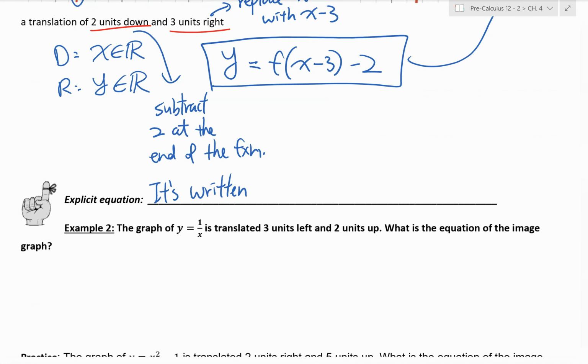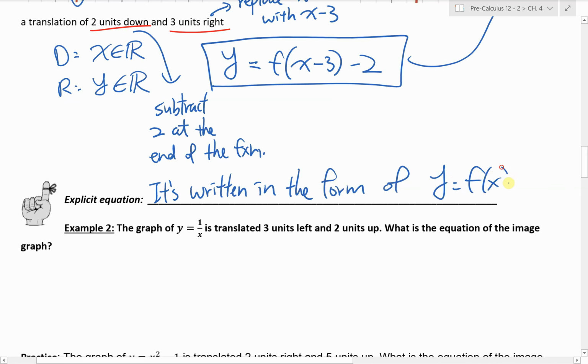But if it's explicit, it's written in the form y equals f of x. Of course, it doesn't have to be y, it could be g, and it doesn't have to be f of x, it could be g of x, h of x. They are just names.